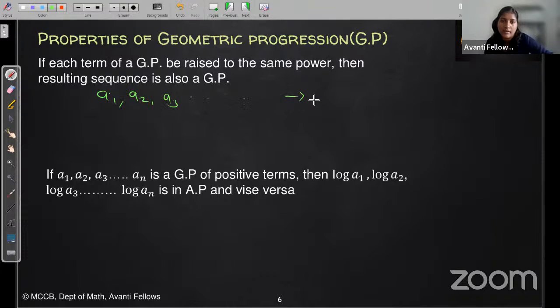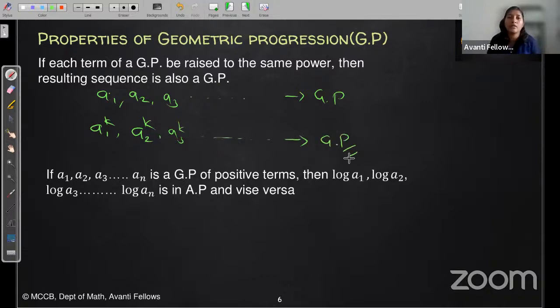Each term is raised to some same power, say I consider that power as K. Then A1 raised to K, A2 raised to K, A3 raised to K, so on. So this sequence that we get will also be a GP.